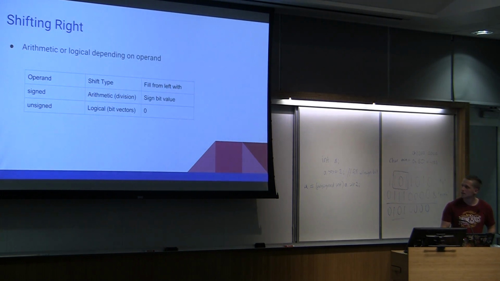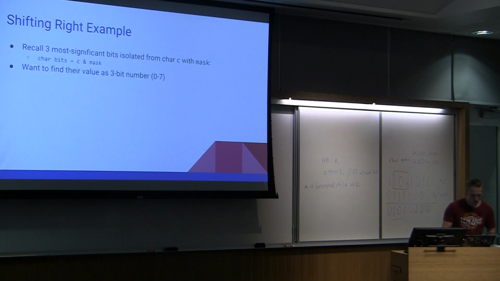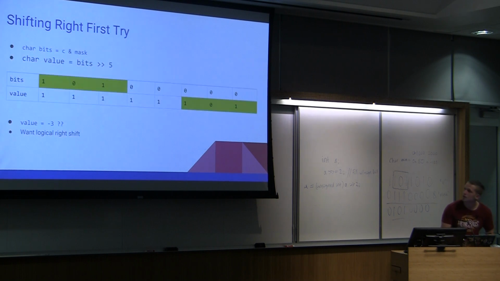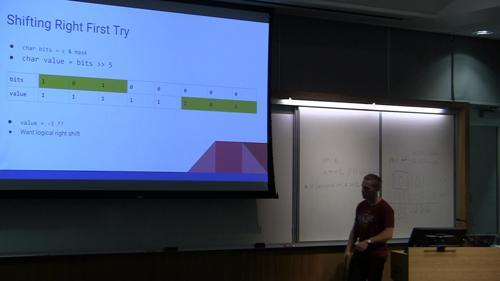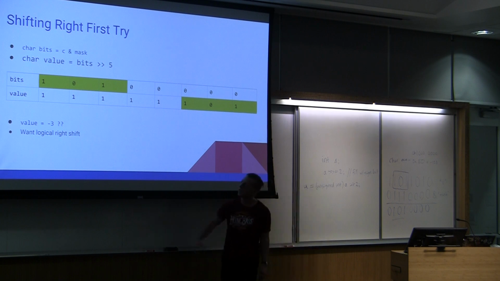So let's do that. I already talked about the caveats of shifting right. Okay, so our first try, as we talked about earlier, would be we have this character, the bits that was C ended with the mask. And since I've just called it a character, it's signed by default.